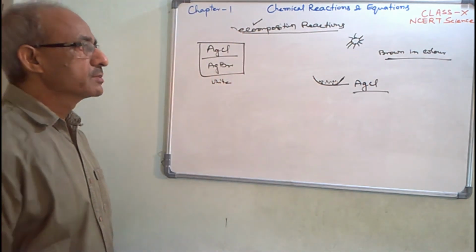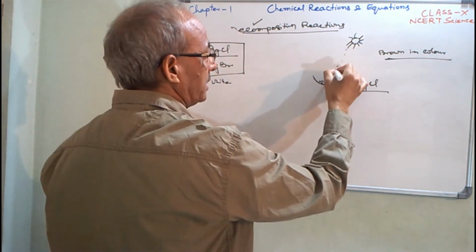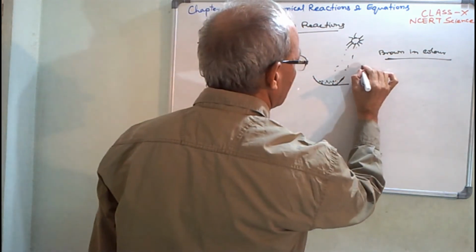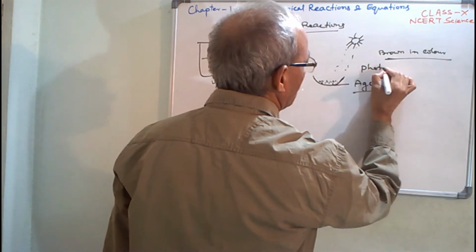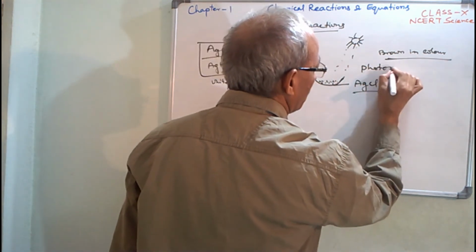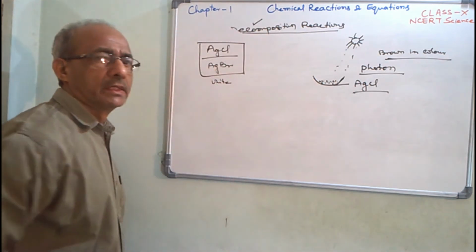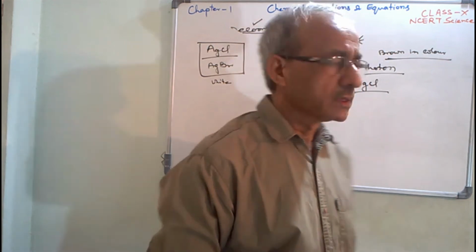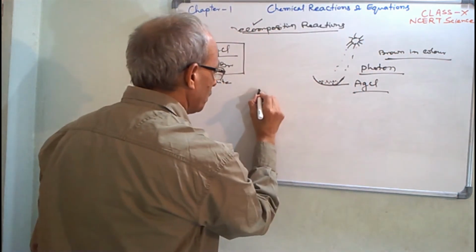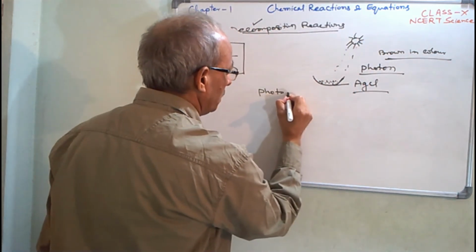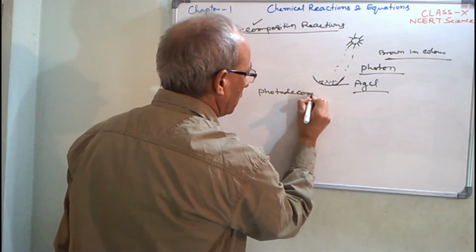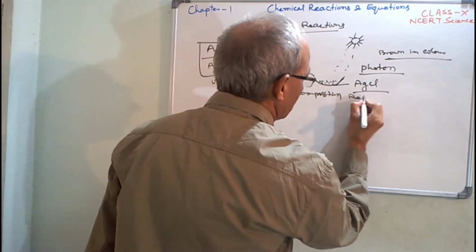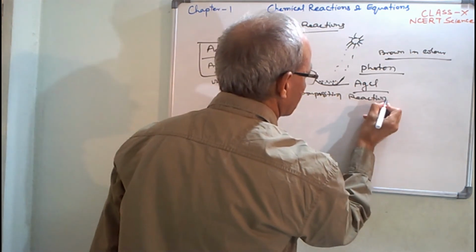The decomposition reaction takes place in the presence of sunlight. Here the energy is photo energy, photons, solar energy. So this type of decomposition reaction is called a photo-decomposition reaction, or chemical reaction, you may write also.